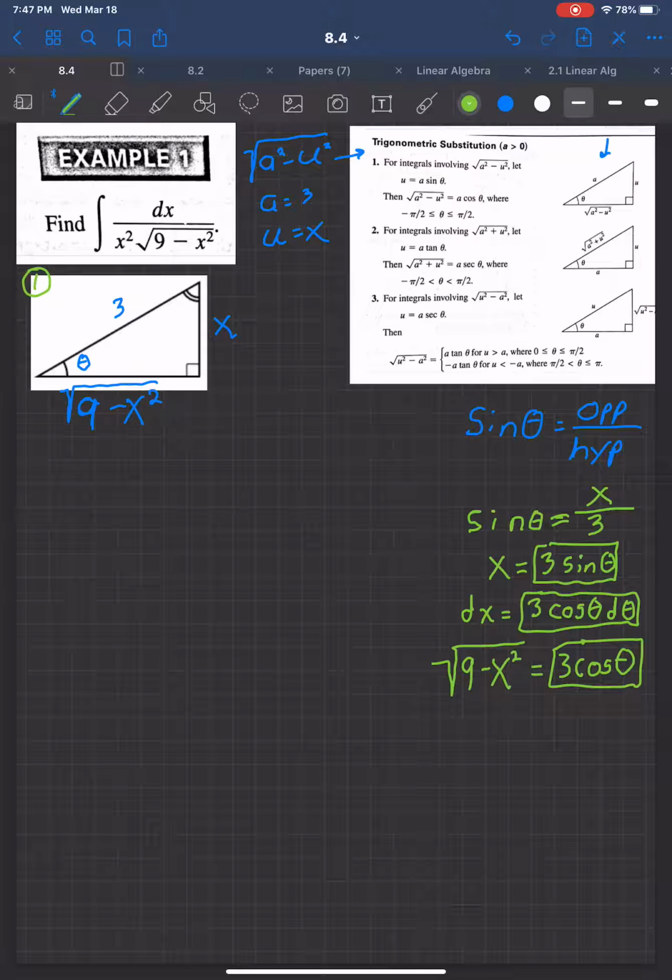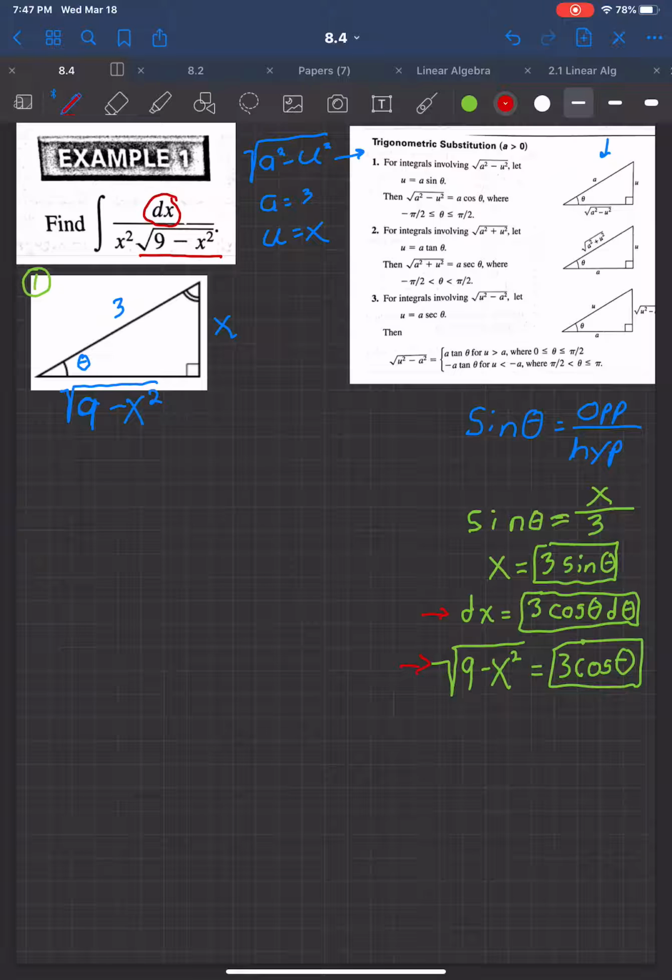Now, let me take a glance at what I have and what I don't have. You and I agree that I know what to plug in for dx, so that's no problem. I know what to plug in for the square root of 9 minus x squared, so that's not a problem.